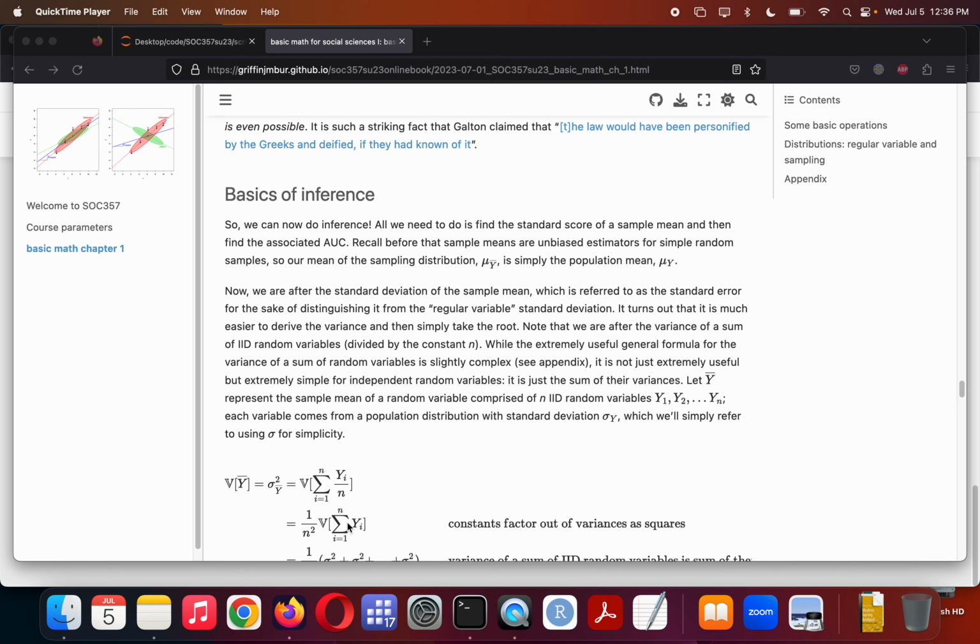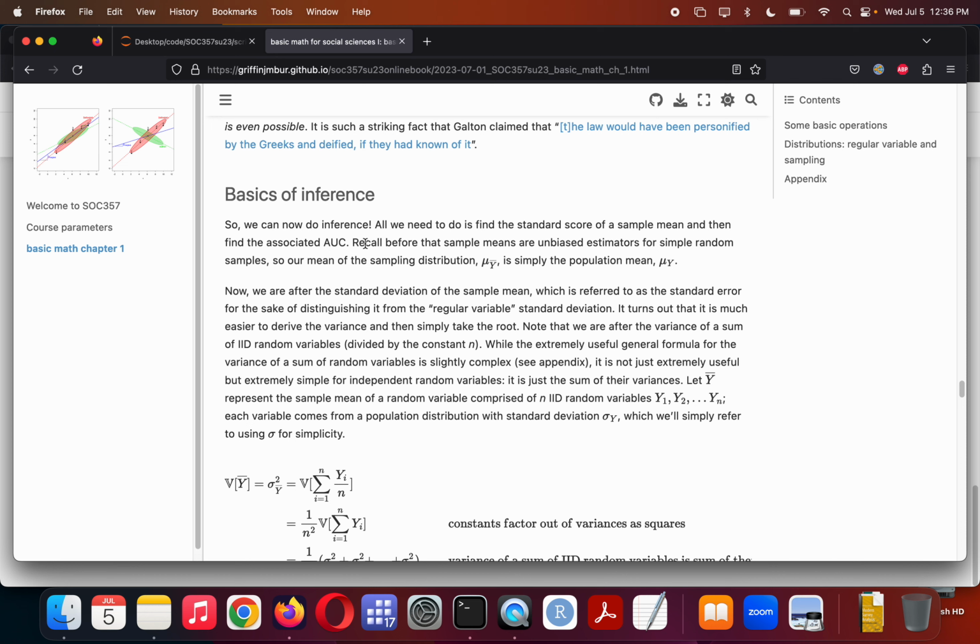So it's worthwhile to think about the process in the following way. We want to standardize our sampling distribution. And what we need to do is basically take the actual sample mean that we have and place it on a standardized sampling distribution. So we need to find the standard score of a given sample mean that we have access to, and then we can find the associated areas under the curve. The easier part of this is to think about the mean.